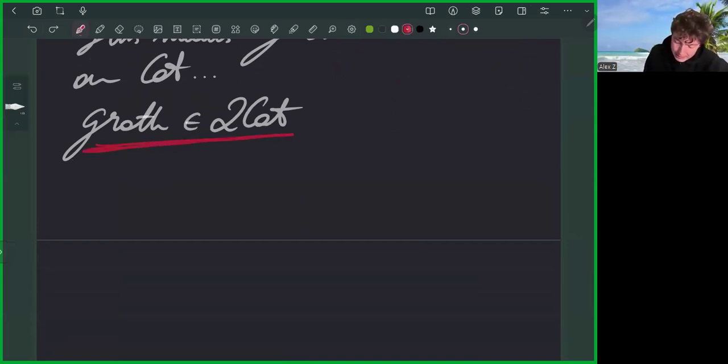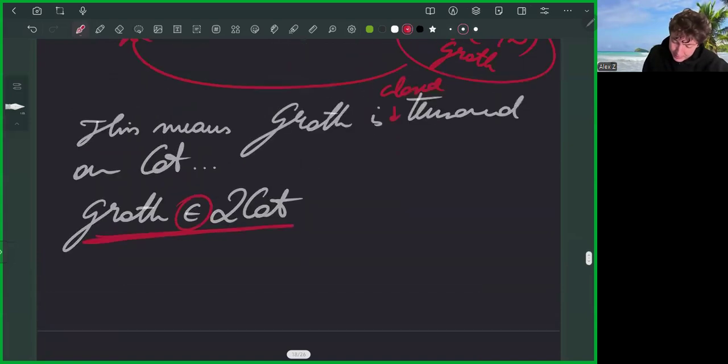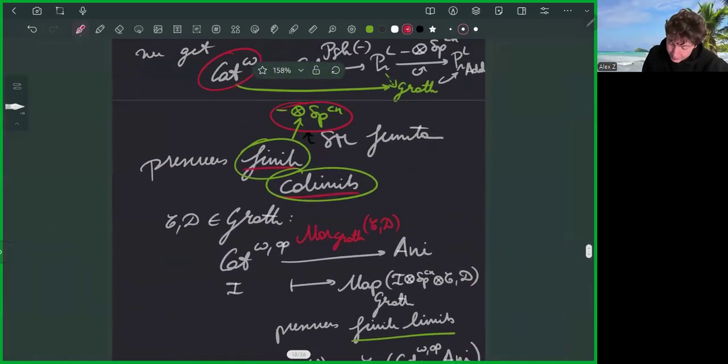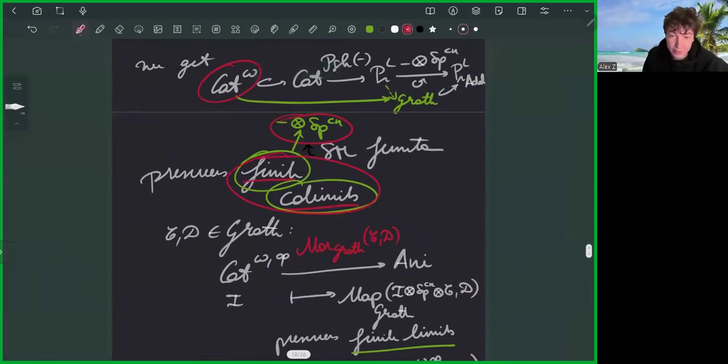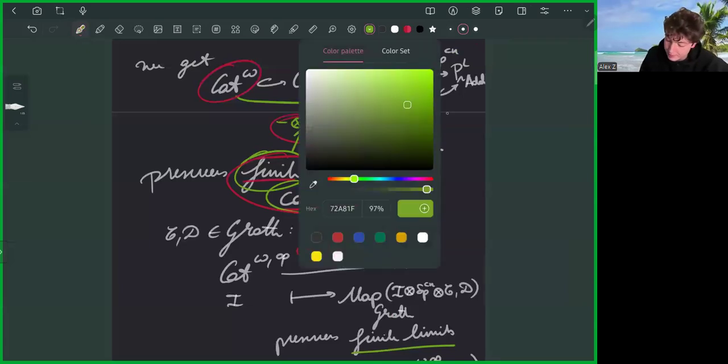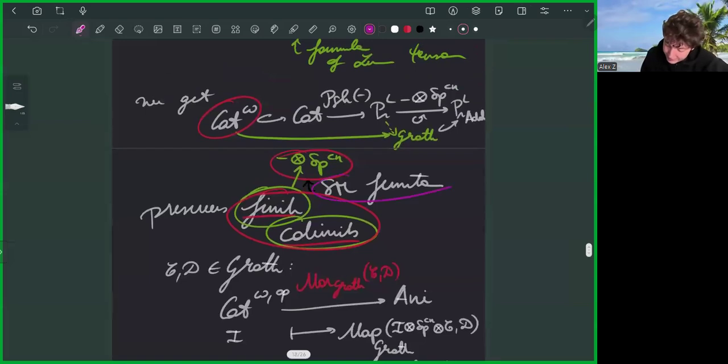But for this statement, what we really only used so far was that this preserves finite colimits. Now let me change to a funkier color. But we also have that this thing was a symmetric monoidal functor.